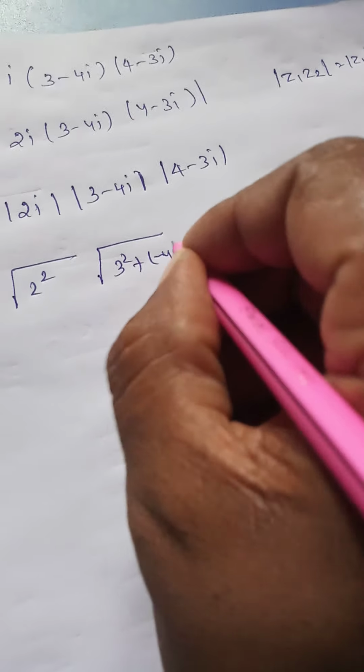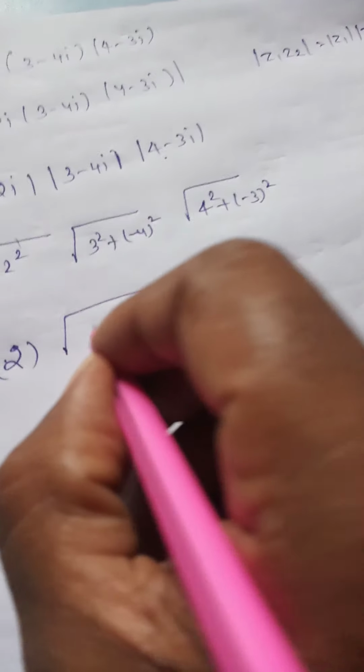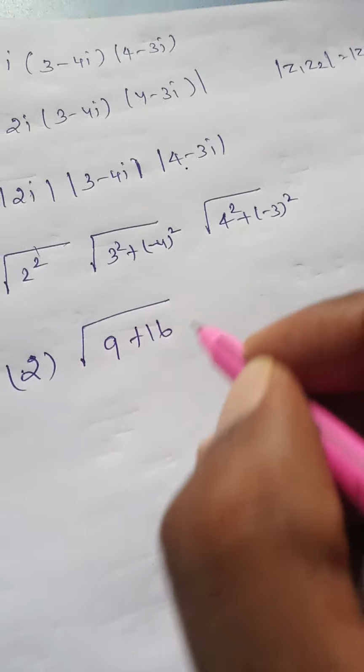Then the modulus value of 2i is 2. Square root of 3 squared plus minus 4 squared. Next the modulus of 4 minus 3i is the square root of 4 squared plus minus 3 whole squared. Square and root cancel for 2.